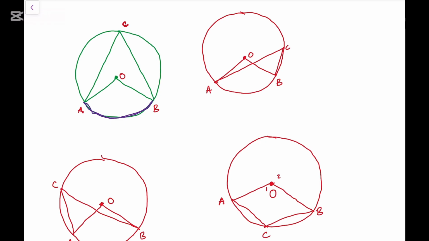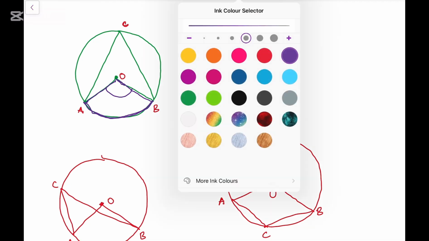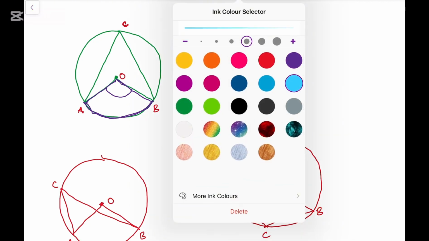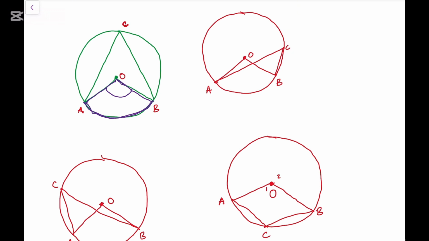So if AB subtends this angle at the center of the circle, here is the angle at the center, and then again the very same AB subtends another angle, but now not at the center of the circle, anywhere on the circumference. So here is angle C. It is also subtended by the arc AB. So the angle that is at the center will always double the one that is at the circumference.